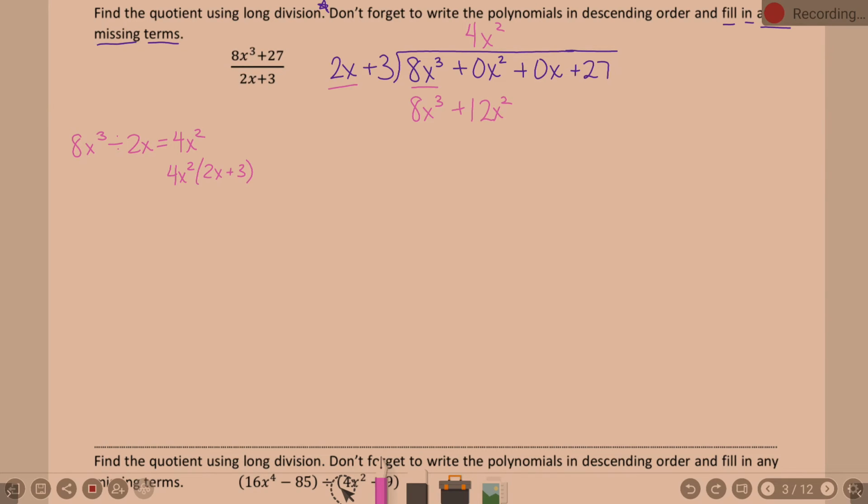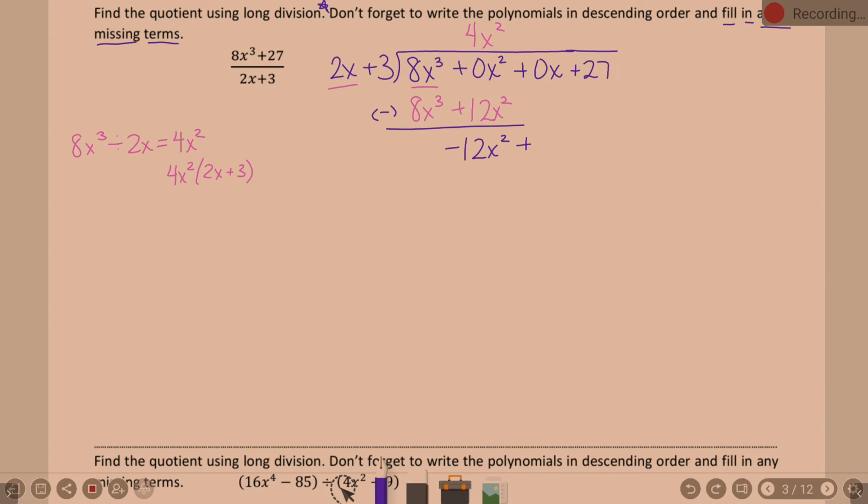And now we're going to subtract. 8x cubed minus 8x cubed cancels as to be expected. 0x squared minus 12x squared. 0 minus 12 is negative 12. Okay. Next.